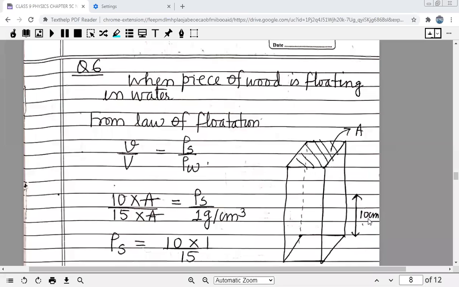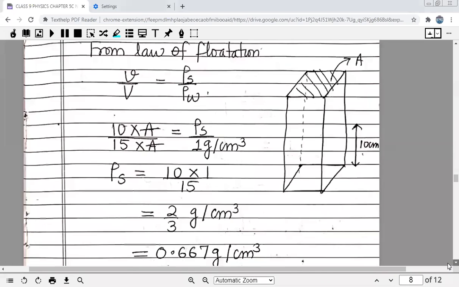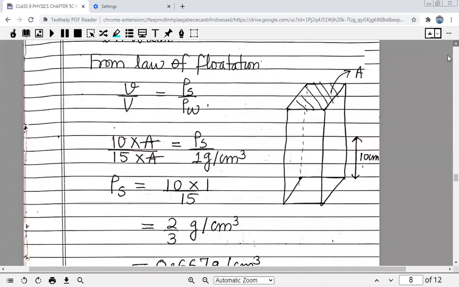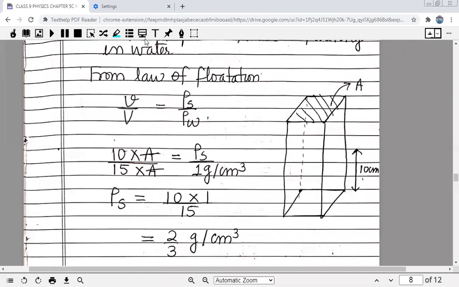What is the next question, Asi? You tell me. What is the question number 6? You read this. Read the question number 6. A piece of wood of uniform cross section and height 15 centimeter floats vertically with its height 10 centimeter in water and 12 centimeter in spirit. Means when it is floating in water, how much is its immersed portion?